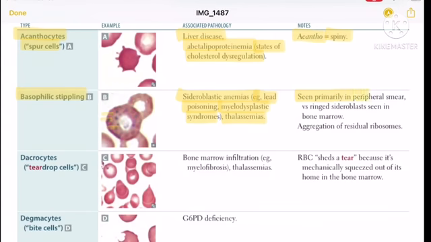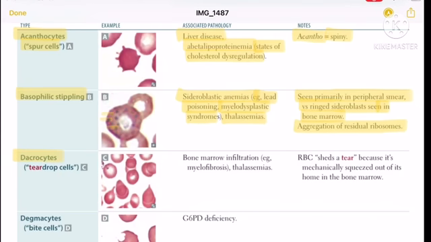It is seen primarily in the peripheral smear, versus a ringed sideroblast, which can be seen in bone marrow. So if you take a peripheral blood smear sample, you can find these RBCs with basophilic stippling. What are they basically? They are aggregations of residual ribosomes.